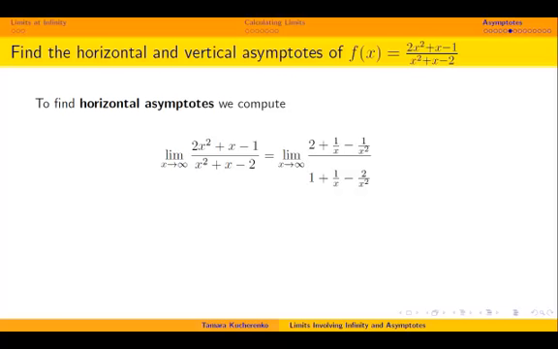In the numerator, 2 is a constant. 1 over x tends to 0 at infinity, and so does 1 over x squared. In the denominator, 1 is a constant, but 1 over x and 2 over x squared tend to 0. Therefore, the limit is 2.